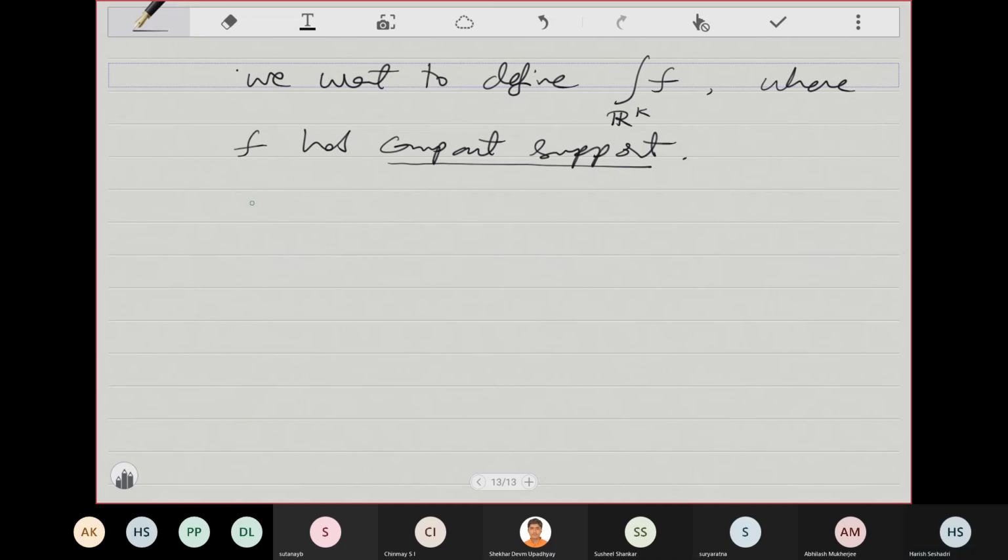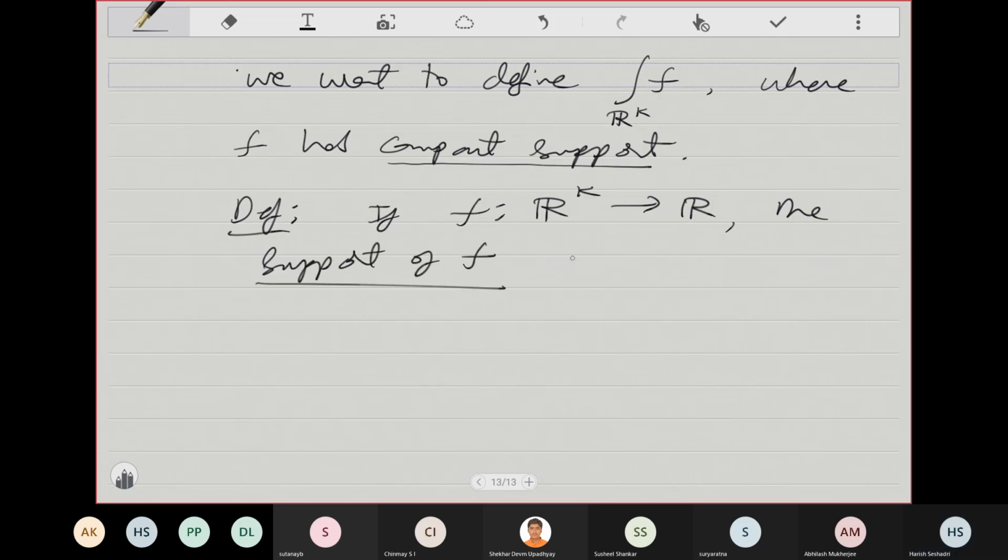So, definition: if f is a function on Rk, the support of f is the set. Rudin doesn't use this notation, support like this, but I'll just introduce this.